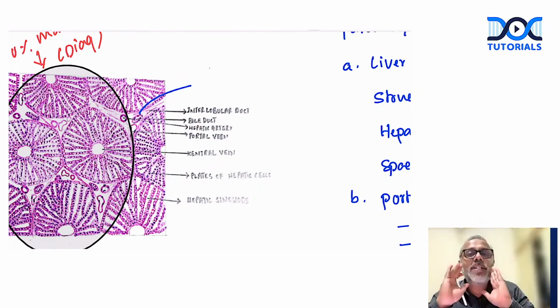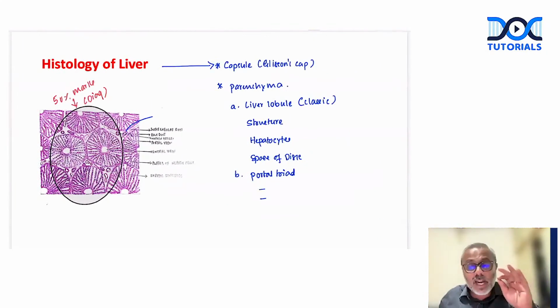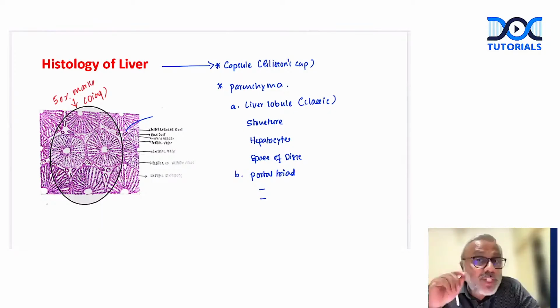How to differentiate between the three, you must write here. For example, the hepatic arteriole will contain a single layered endothelium with a thick tunica media compared to the portal venule. The portal venule will usually be large. It is usually the largest structure and it is thin walled. Whereas the bile ductule is lined by simple cuboidal epithelium. This is how you need to write about the three structures.